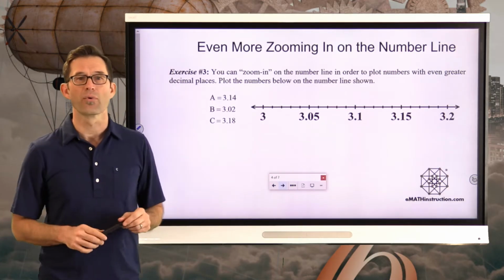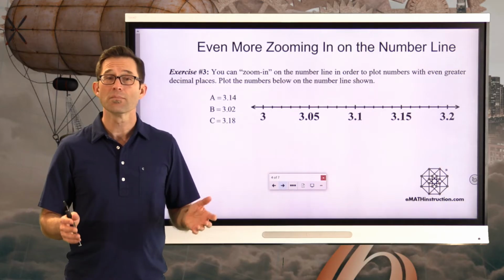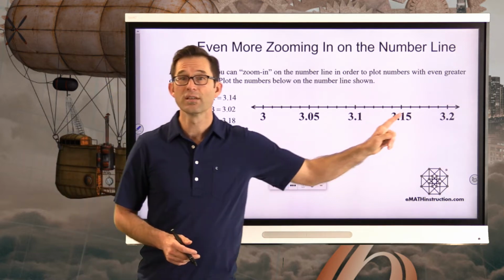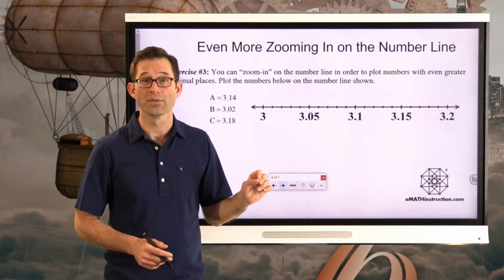So exercise number 3. You can zoom in on a number line in order to plot numbers with even greater decimal places. Plot numbers below on the number line shown. And again, it's important to understand here, right? We're going from the number 3 simply to the number 3.2. And we're doing it now in terms of hundredths, right?